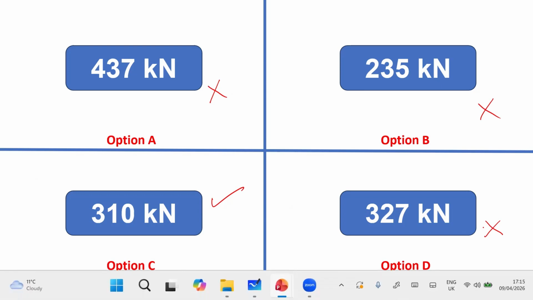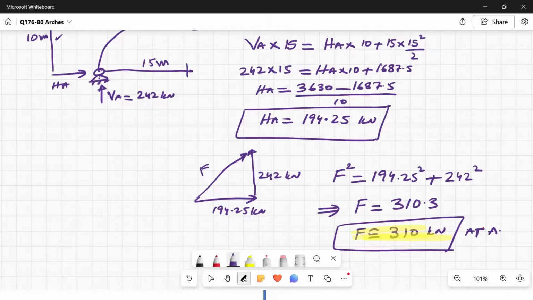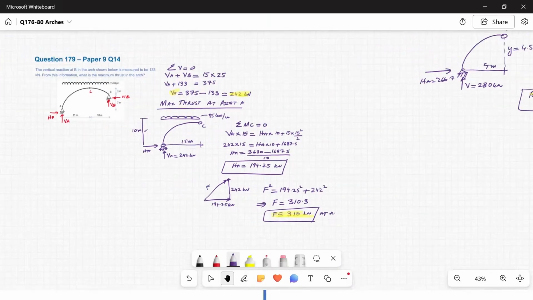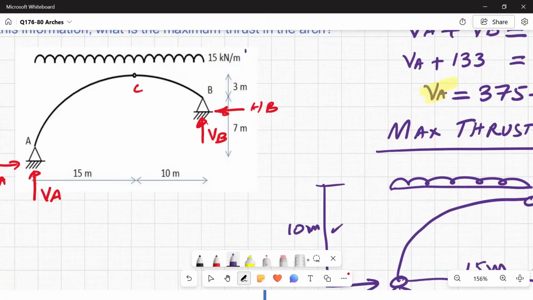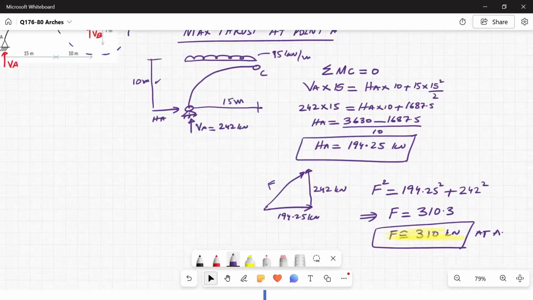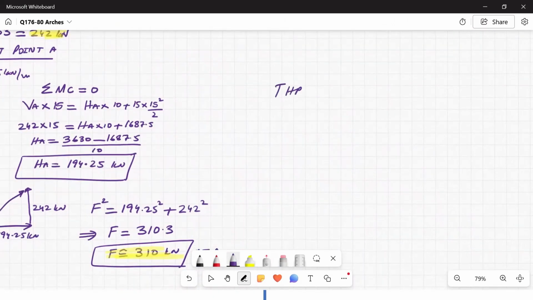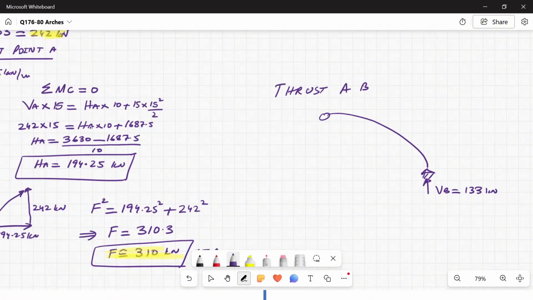Now let us check whether the thrust at B is similar to or more than the thrust at A. So let's find out the thrust at B. I will draw the left portion only, this portion, and let's do it here. We have VB, which is equal to 133 kilonewton, which is given to us.